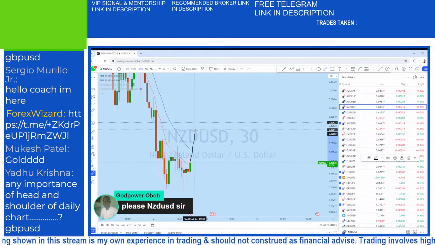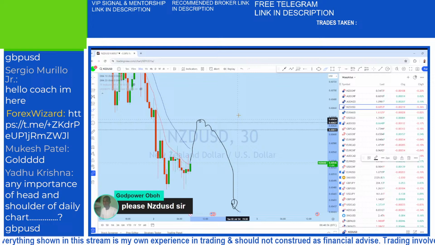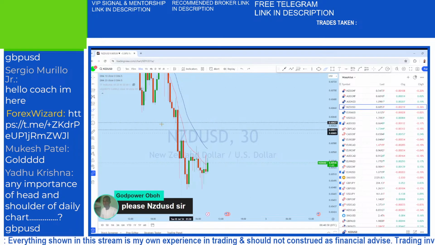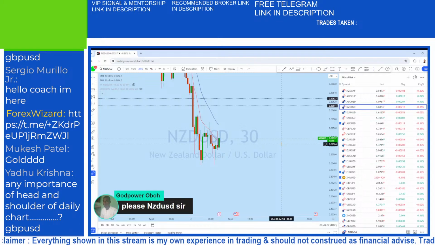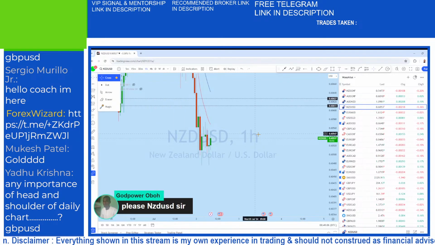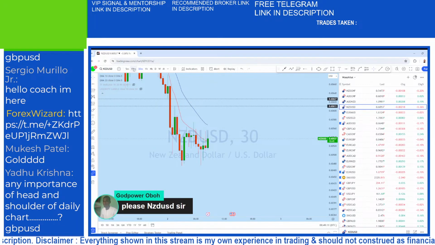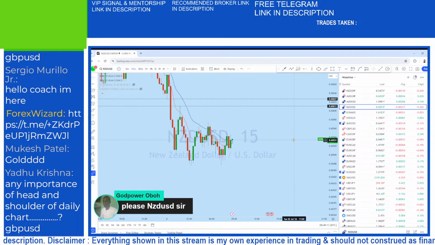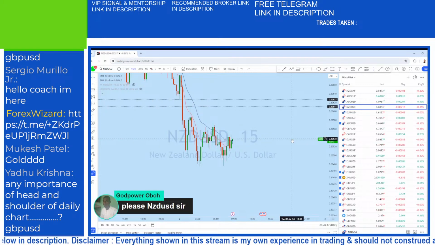Any bounce to the liquidity zone can be an opportunity for us to go short on NZD-USD. We'll see how far it might be going. Depending on how the market does, we'll be looking for trading opportunities on NZD-USD.